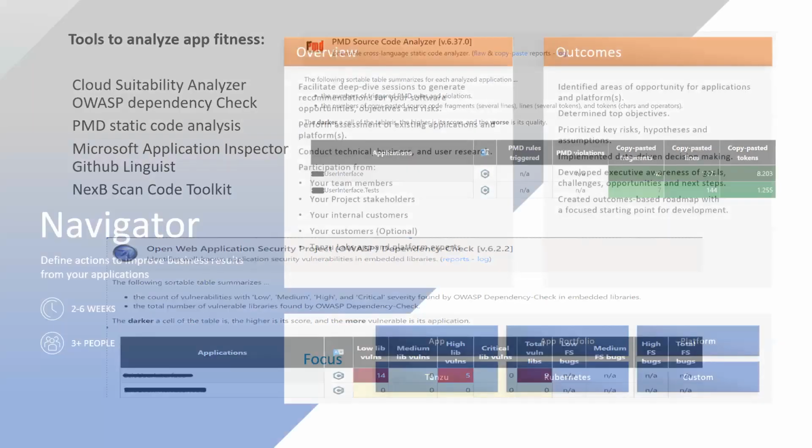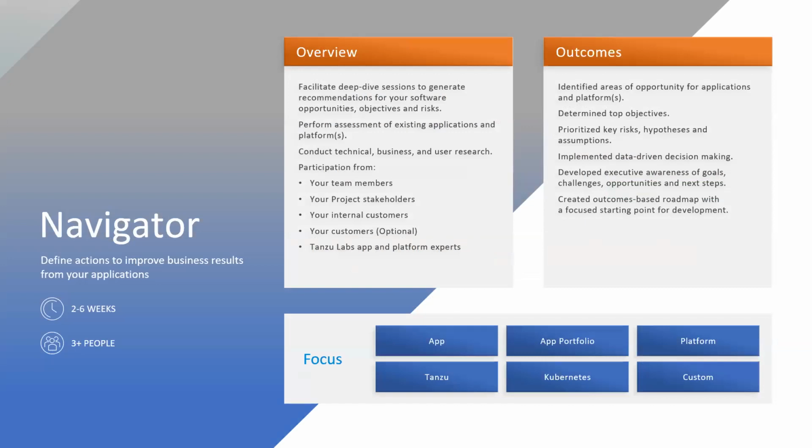And based on that, you can take a decision whether your application would possibly run on a cloud native environment or not. And the next phase is something we call the navigator. So this navigator phase is basically where we run deep dive sessions to generate recommendations that your software has risks, or this is like a high level discussion with all the stakeholders that are involved.